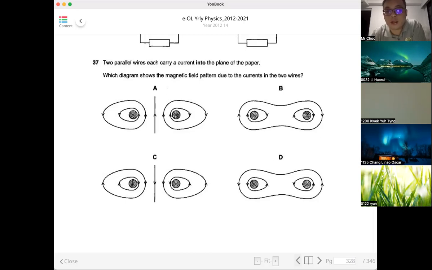Last two students, Qiao Xing and Oscar. What's your answer? Qiao Xing and Oscar, what's your answer?